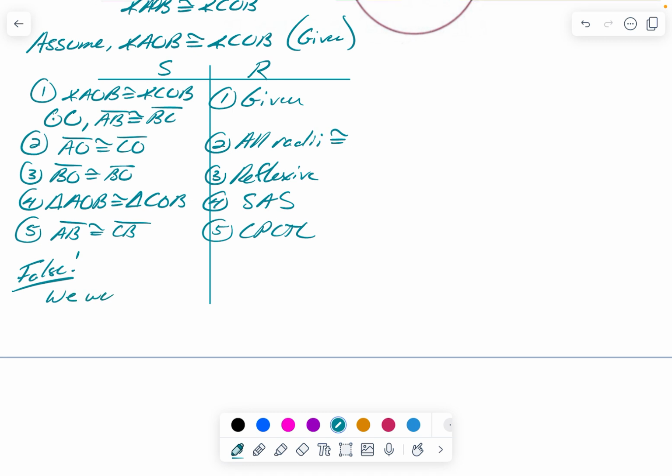We were given AB not congruent to CB. Therefore, or the three dots, angle AOB is not congruent to angle COB. So our assumption was false, so therefore the alternate must be true.